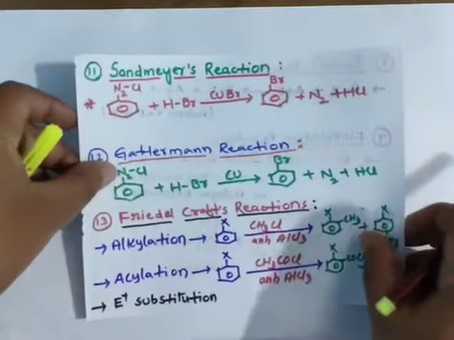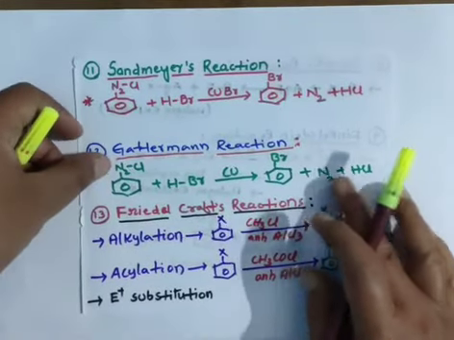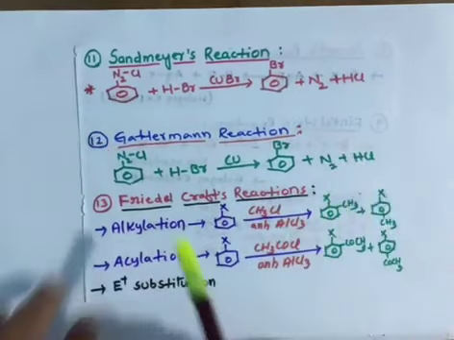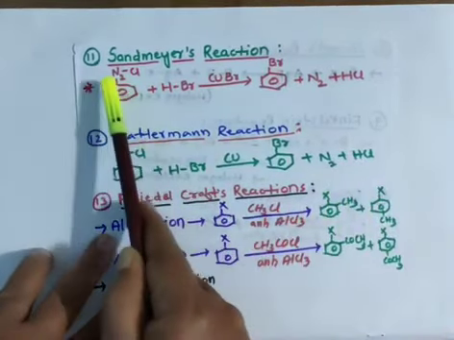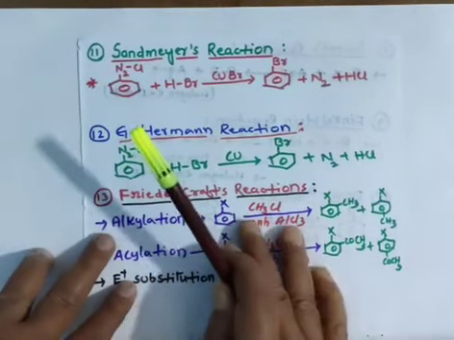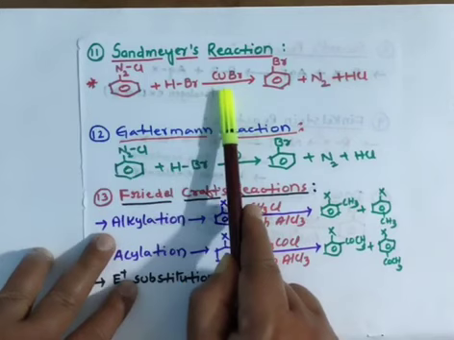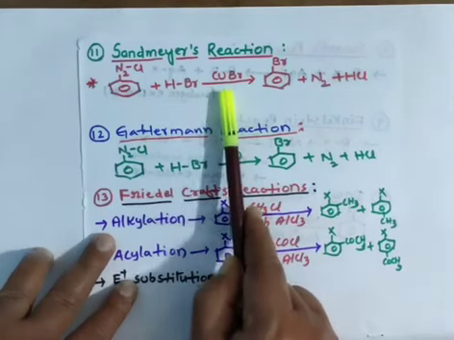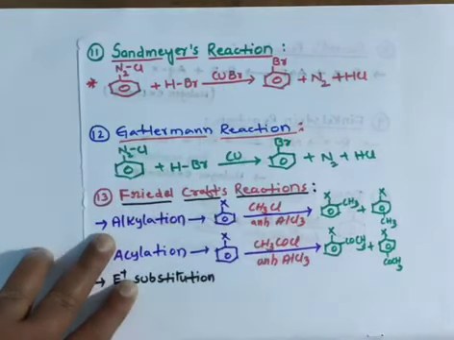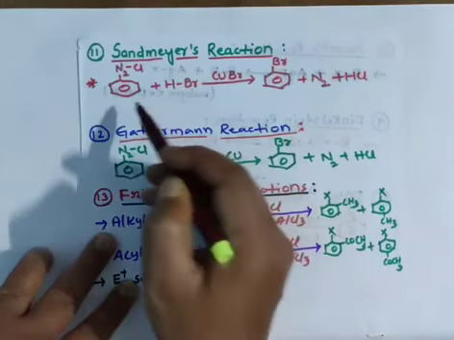Next, another important named reaction we have, that is Sandmeyer reaction. You know very well, Sandmeyer reaction is very important. This is benzene diazonium chloride. Benzene diazonium chloride is treated with hydrogen bromide in the presence of CuBr. These diazonium chloride salts are very unstable.